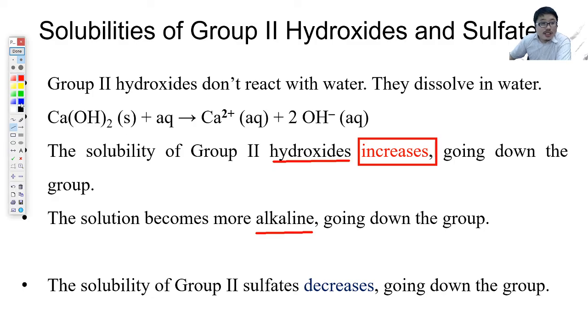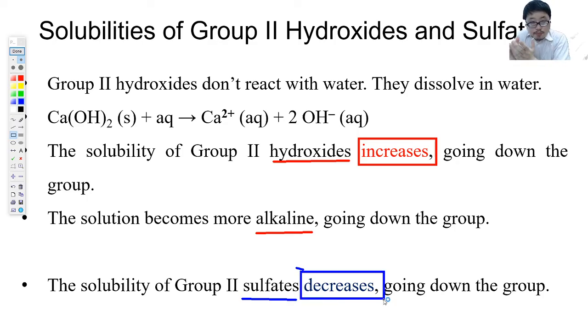Unfortunately, the opposite is true for sulfates. Your CaSO4, your MgSO4, it actually decreases going down the group. Now, what does this mean?